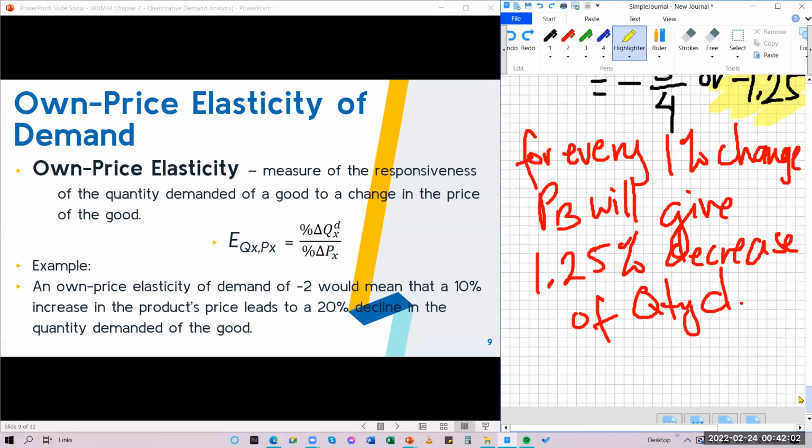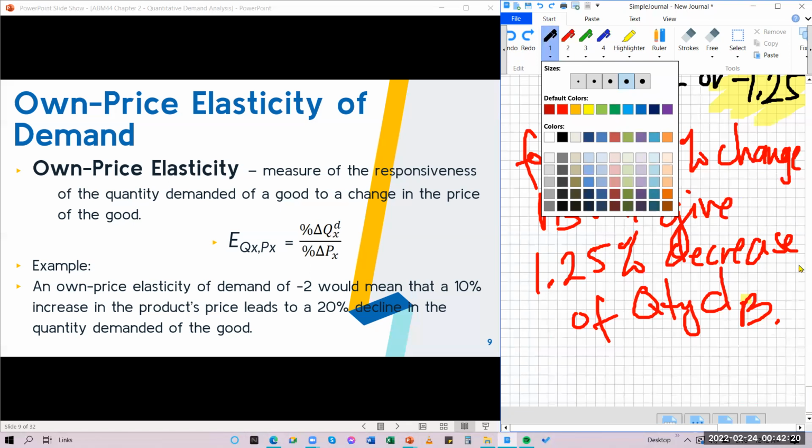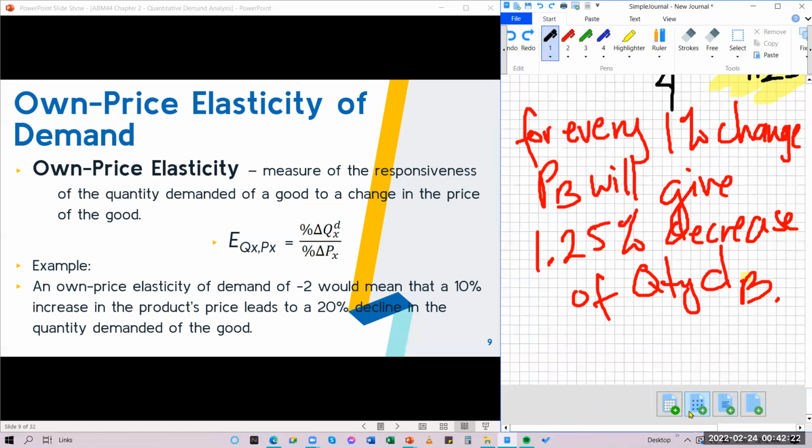So this would be the interpretation then. For every 1% change sa price of beer will give a 1.25% decrease in the quantity demanded of beer. So I hope you learned or understand that one? If not, let's have another example.